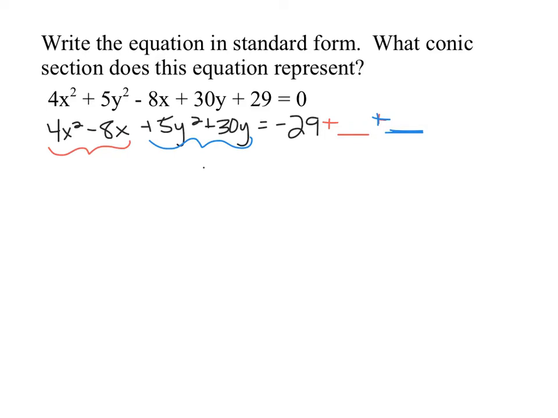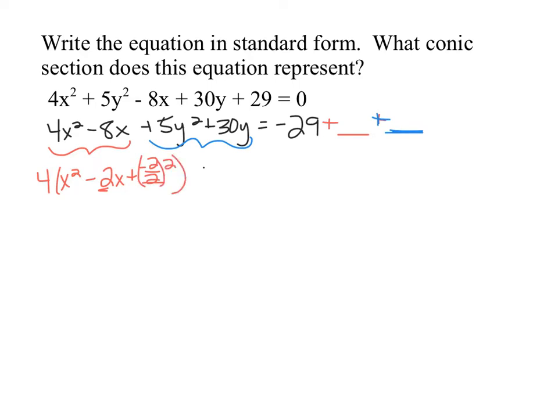First you can see there's a coefficient on x squared. You're going to want to factor that out. So we're going to take 4 times x squared minus, not 8x, 2x, plus the b over 2 squared. So we're going to be adding, this is going to be our b value, negative 2 over 2 squared.